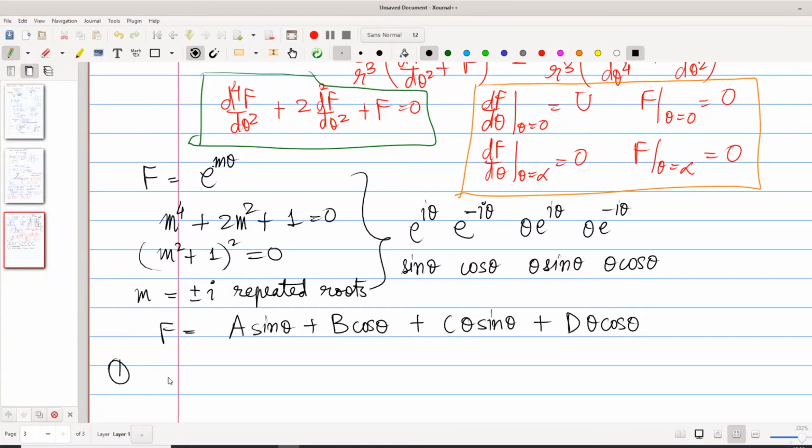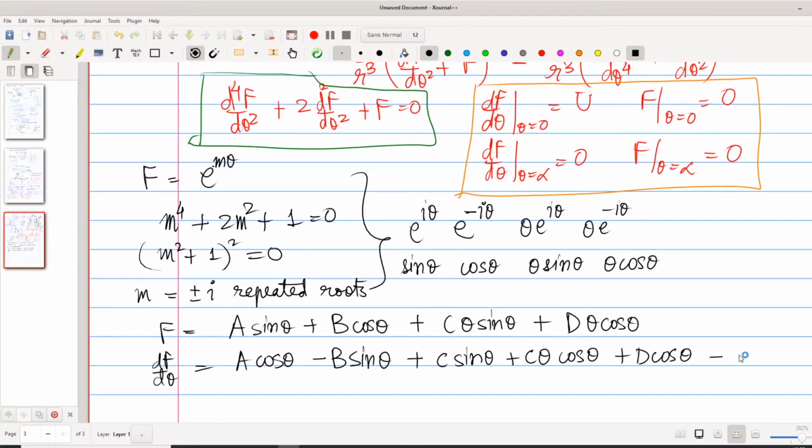So the first boundary condition is df d theta. Before writing down the boundary condition, let us quickly write down what the expression for df d theta is. So A cos theta minus A theta sin theta plus C sin theta plus C theta cos theta plus D cos theta minus D theta sin theta.